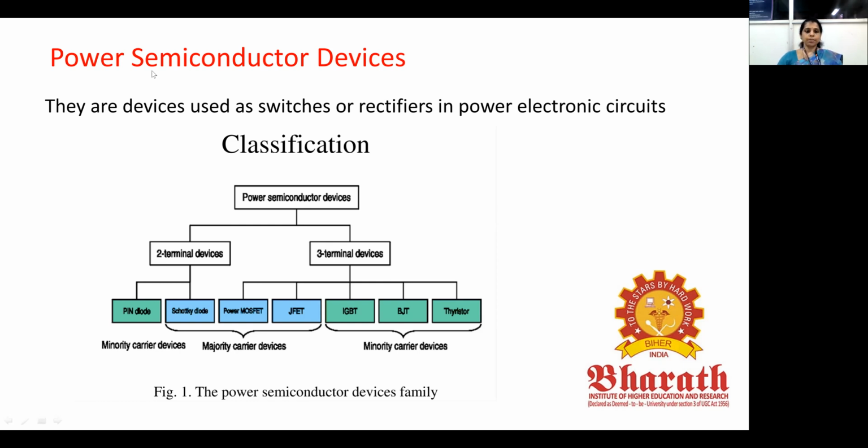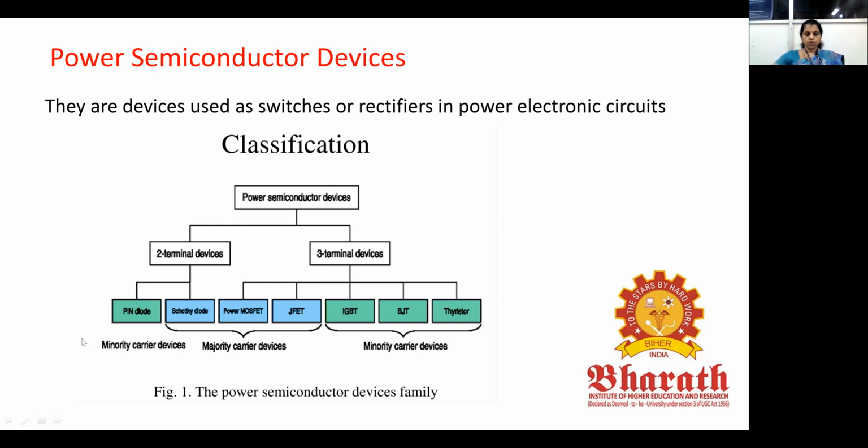Coming to power semiconductor devices, they are devices which are mainly used as switches or rectifiers in power electronic circuits. They are broadly classified into two types: one is two-terminal device, the other one is three-terminal device. They are also further classified into several categories based upon the type of the device, the number of terminals, type of construction, and direction of the current flow.